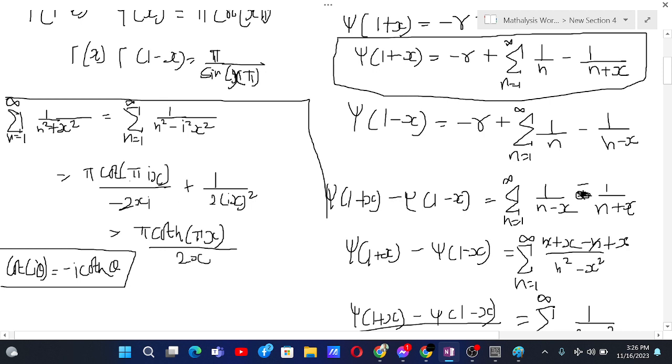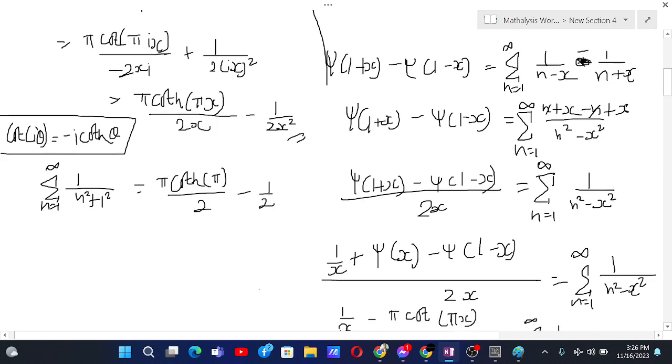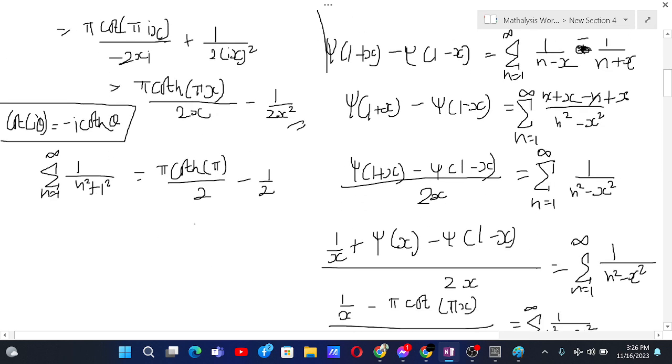The minus comes in front and cancels, and minus 1 by 2x square. So this is the formula, and if you want to find, let's say, the sum from n equals 1 to infinity of 1 by n square plus 1 square, that will be pi coth pi by 2 minus 1 by 2. So this was easy.